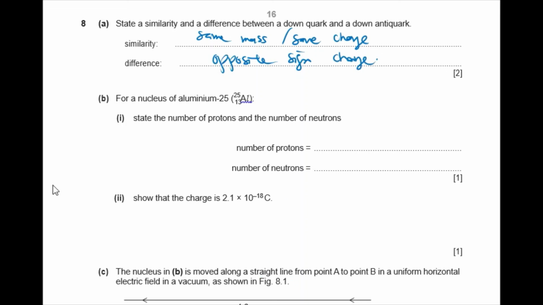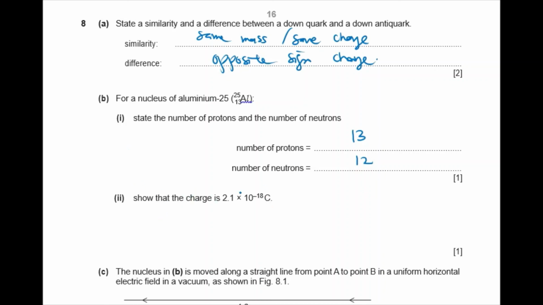B, for a nucleus of aluminium, 1, state the number of protons and number of neutrons. So the number of protons is 13. Number of neutrons, 25 minus 13, is 12. Show that the charge is 2.1 times 10 power negative 18 coulomb.